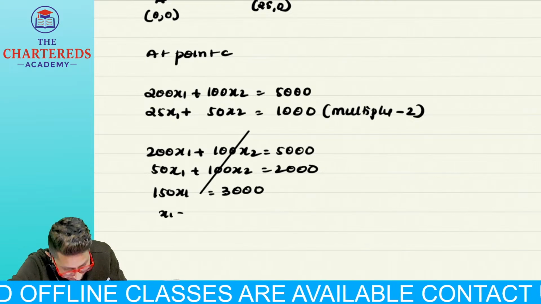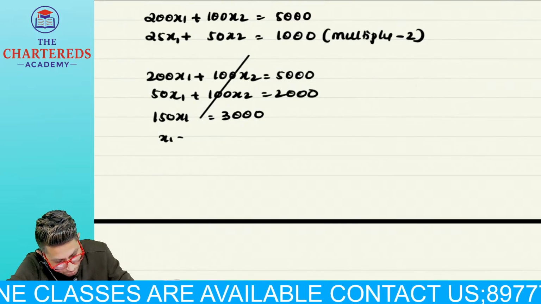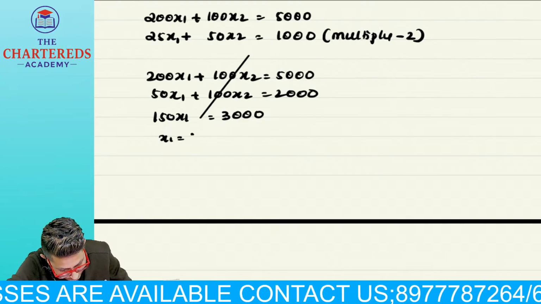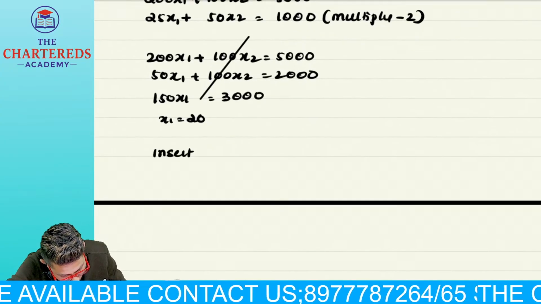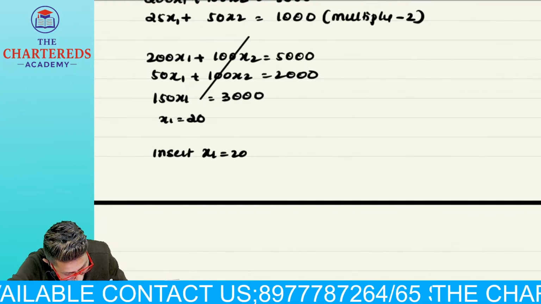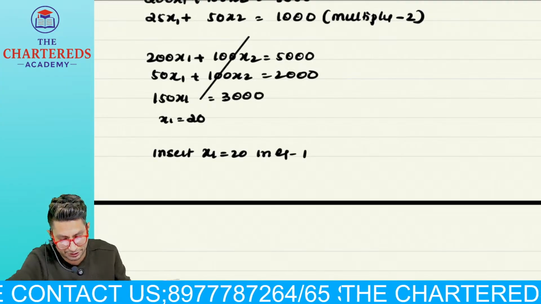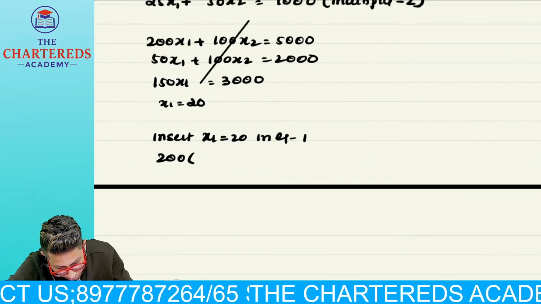Then x1 will be how much? X1 will be 20. Now insert x1 equal to 20 in equation 1. You can insert in equation 2 also, you'll get the same answer. So it will be 200 into x1.